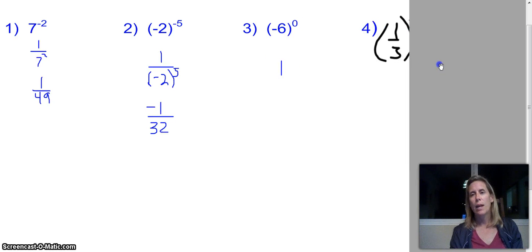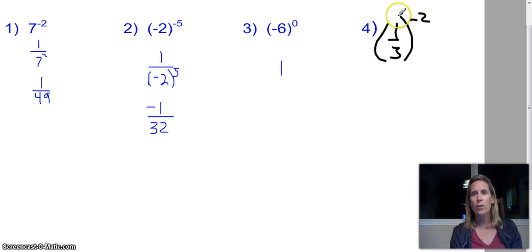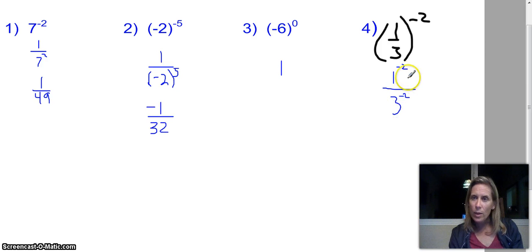Good. And finally, we have a fraction. This is more complex. This is the quantity 1/3 to the negative 2. So what we can do is that negative 2 is affecting both the 1 to the negative 2 and the 3 to the negative 2. Okay, so we can rewrite this moving each of the terms to their inverse location.